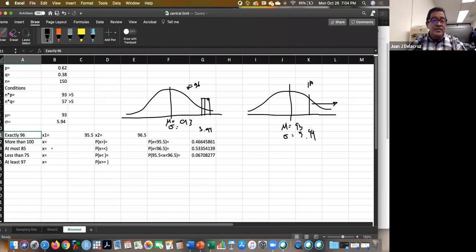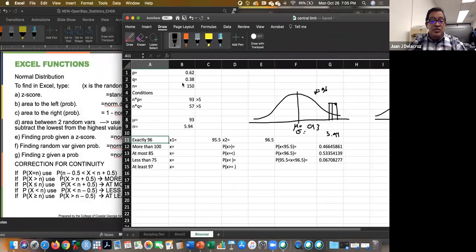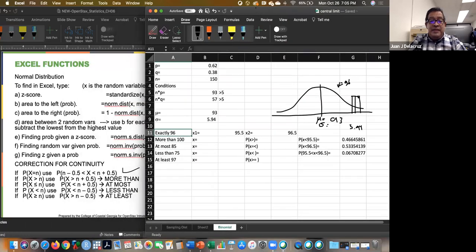So in order to find that area, remember, we have to go back and look at the table. When we are using more than, I have to add 0.5, right? So in this case, my number is gonna be 100.5. So here, I'm gonna find the area under the curve for x greater than 100.5, right? So what should we do?